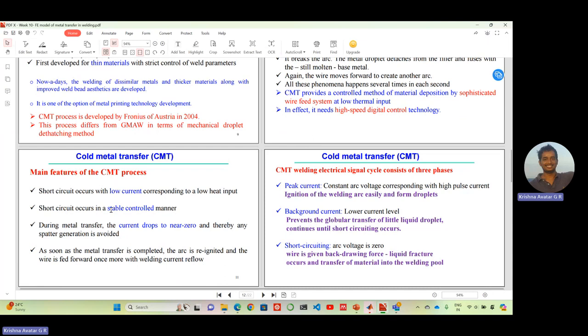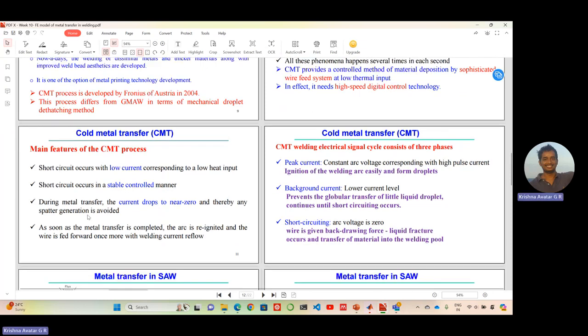The short circuit occurs in a stable, controlled manner, and during the metal transfer the current drops to near zero, and thereby any spatter generation is avoided. As soon as the metal transfer is completed, the arc is reignited and the wire is fed forward once more with the welding current flow.